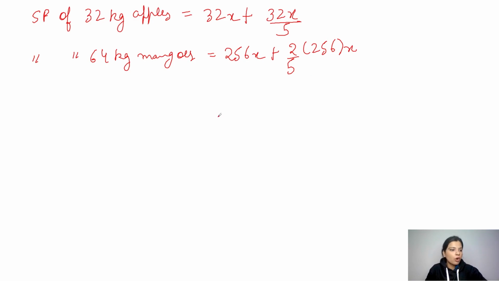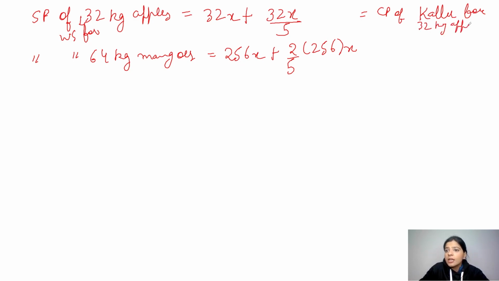This way we have got the equations of SP, and you know that these SPs are nothing but the SP of 32 kg apples is also equal to CP of Kalu, because the amount that Kalu has paid is this much. So SP of wholesaler for 32 kg apples becomes the CP of Kalu for 32 kg apples. I hope you are understanding this particular thing. Obviously, the SP of wholesaler will become CP of the fruit seller, that is Kalu.